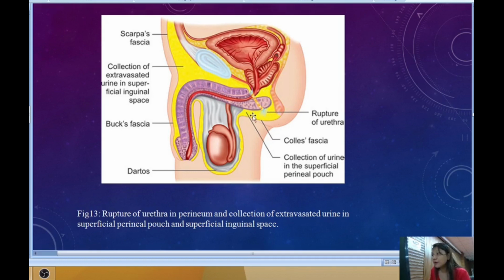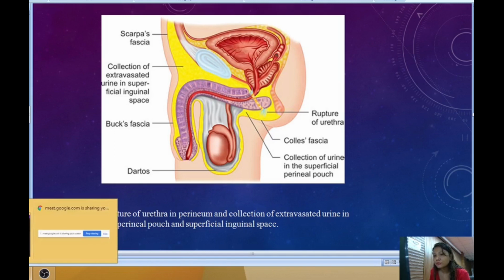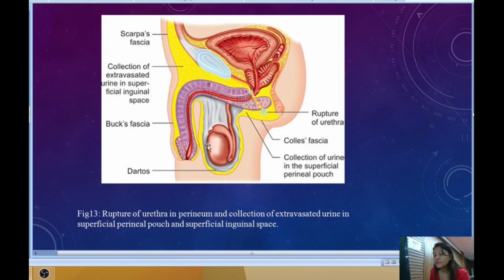This is the superficial perineal pouch. The urine will collect in the superficial perineal pouch and also the superficial inguinal space. So in what region will urine collect? What is this? The urine will collect in the scrotum, around the scrotum.